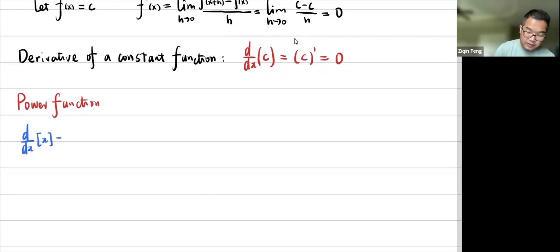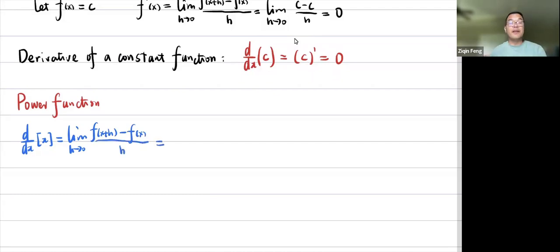So this is equal to, as h goes to 0, f of x plus h minus f of x over h, where f of x plus h is x plus h. So this is x plus h minus x over h, which is h over h, which is 1.